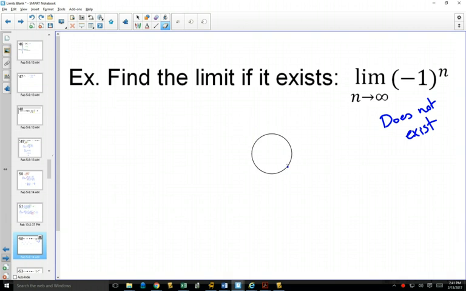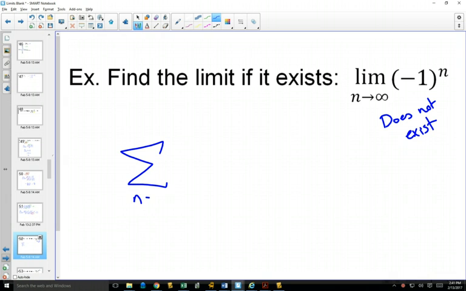Which comes to an interesting point. Are you familiar with sigma notation? Have you seen that before? If I write the sum from n equals 1 to infinity of negative 1 to the n, sigma notation says add things up. Start when n is 1, plug in 1, and you get negative 1. Then go to n is 2, plug in 2, and you'd get positive 1, add those together.